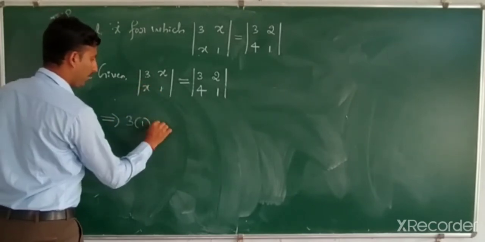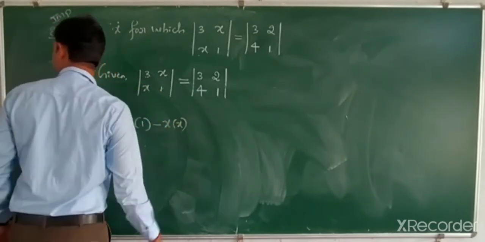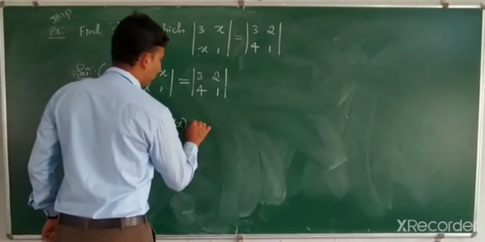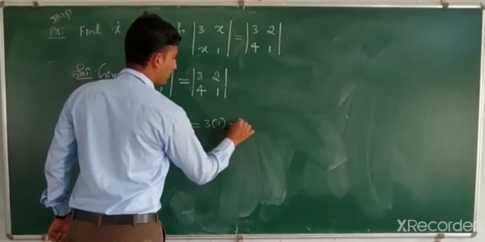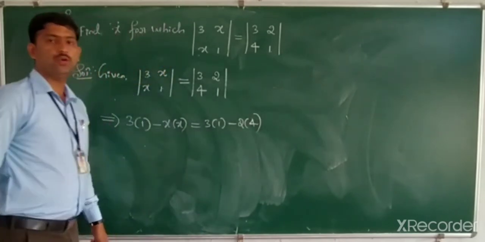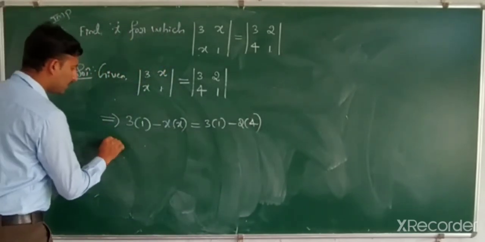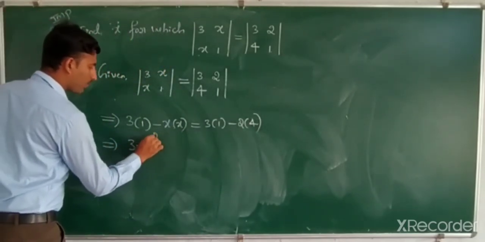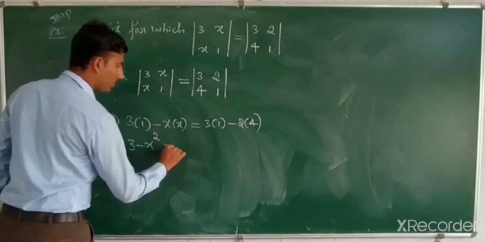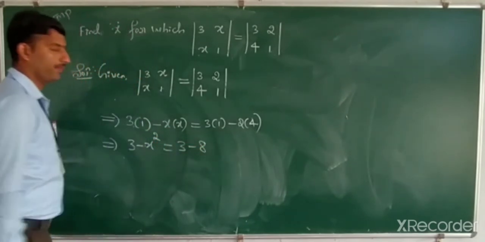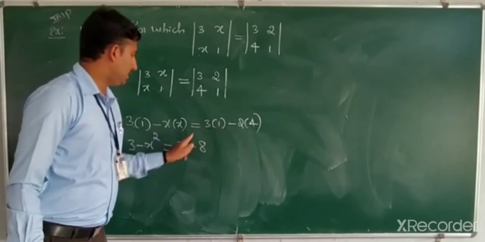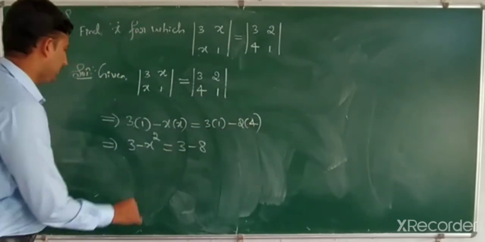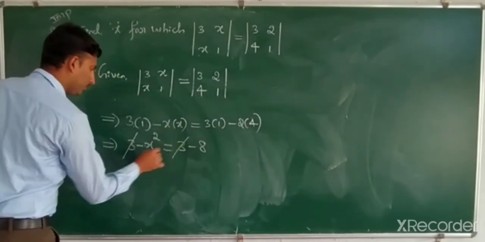3 into 1 minus x into x equals 3 into 1 minus 2 into 4, which implies 3 minus x square equals 3 minus 8. 3 into 1 is 3, 2 into 4 is 8. The 3 gets cancelled, correct?